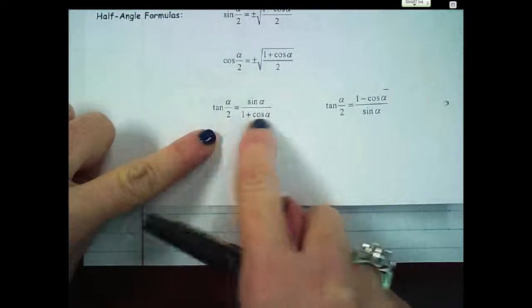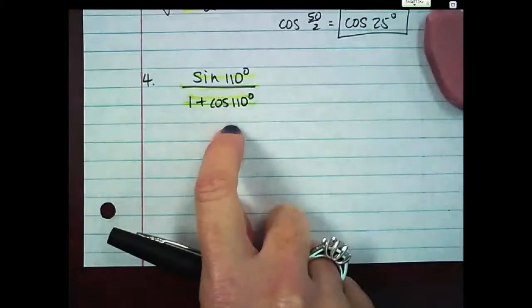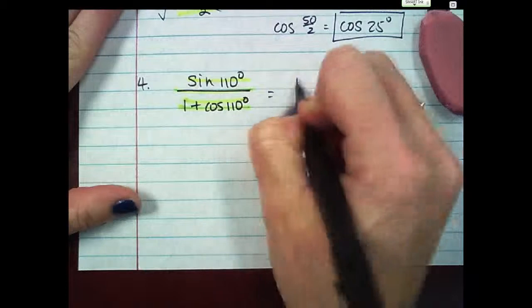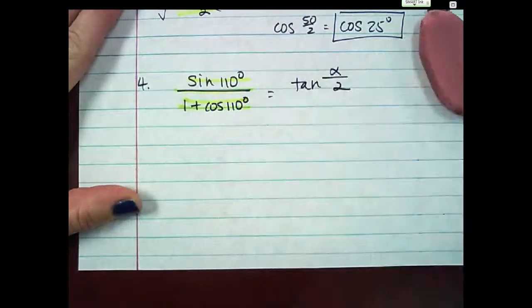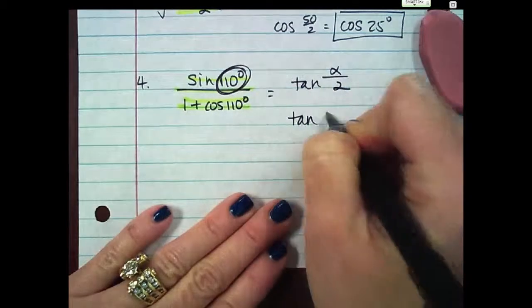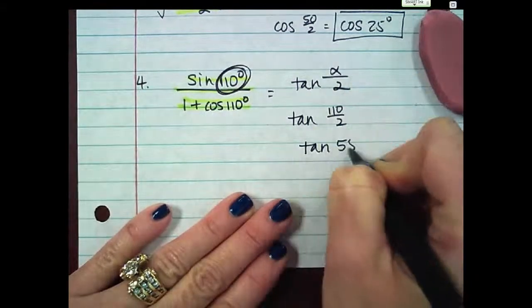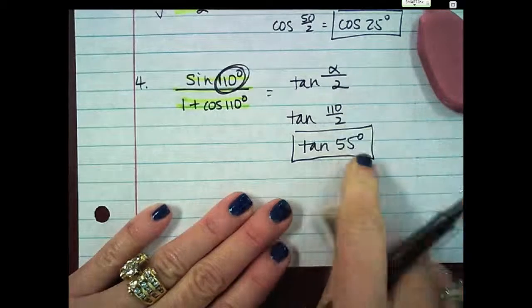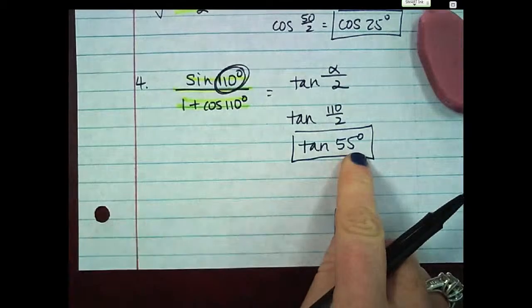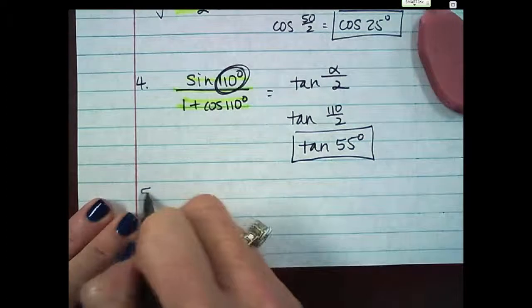Sine over 1 plus cosine is the same as tangent of alpha divided by 2. In this case, alpha is 110 degrees. So I want tangent of 110 divided by 2, so tangent of 55 degrees. 55 degrees is not on our unit circle, so that's why I stopped there.